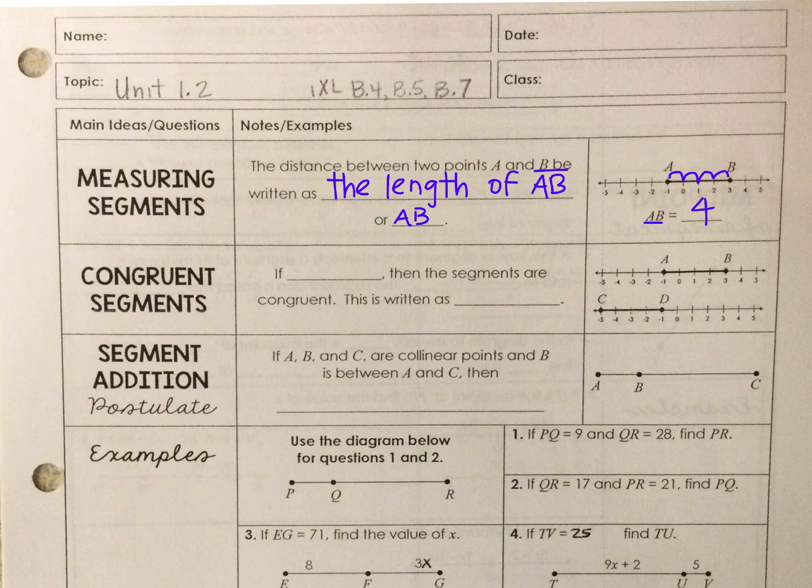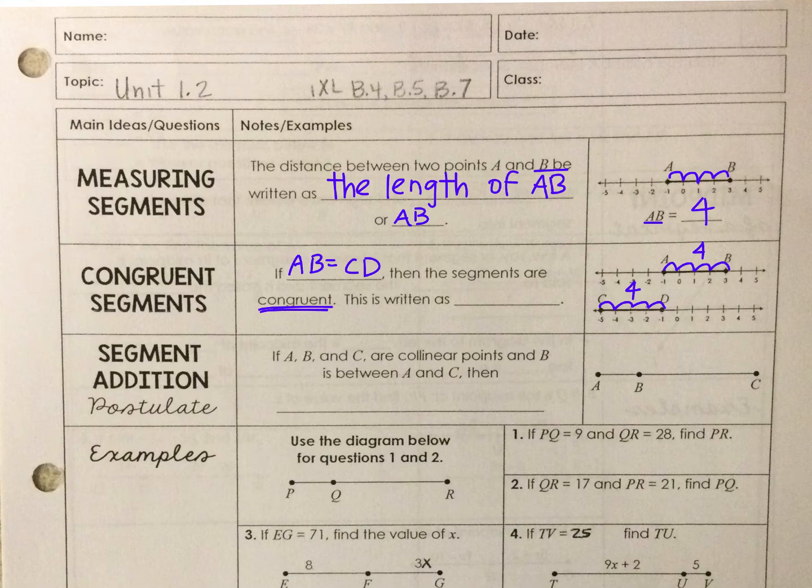Congruent segments. Congruent means that if AB is equal distance to CD, so AB, 1, 2, 3, 4, that was 4. CD, 1, 2, 3, 4. Well, we know that one's 4 also. When things are equal like that, we know that they're congruent.